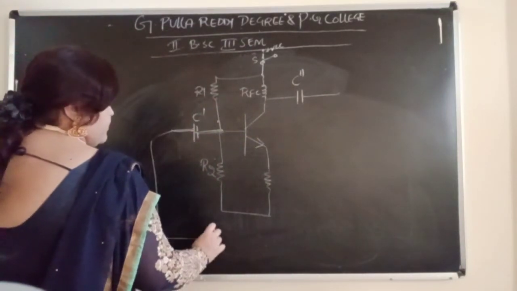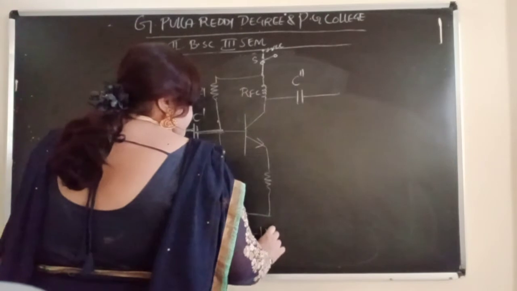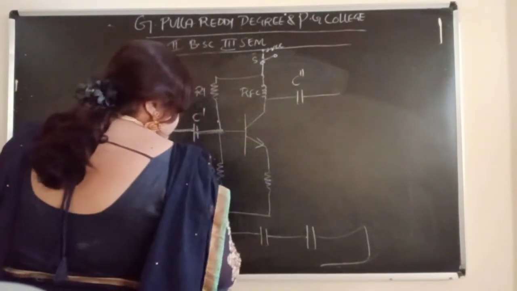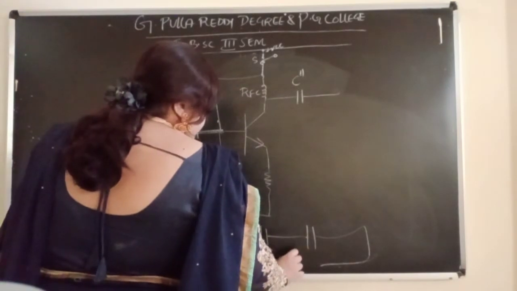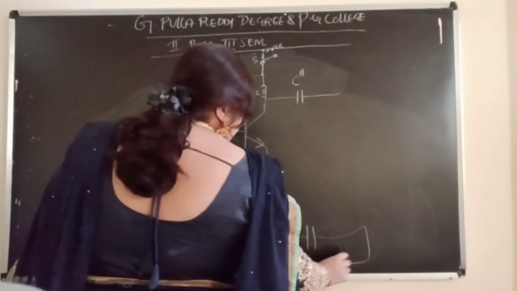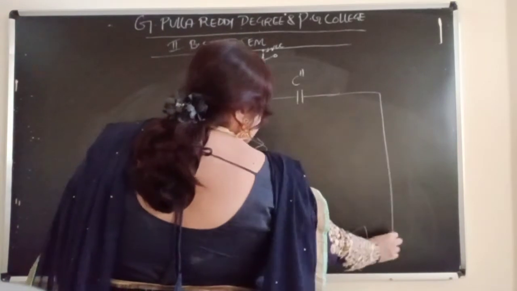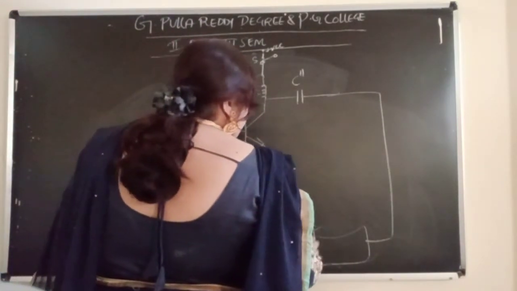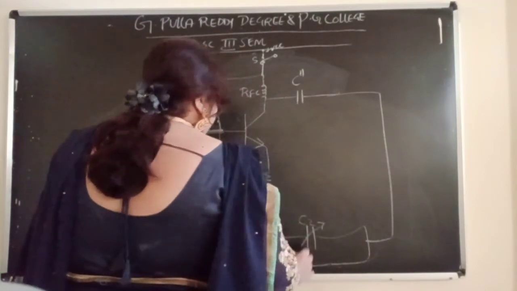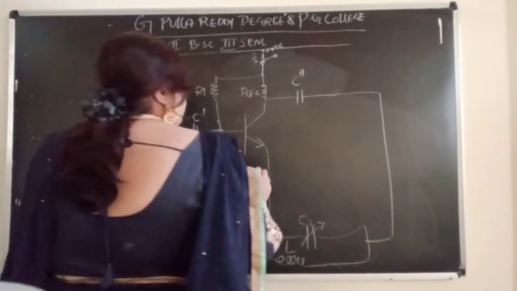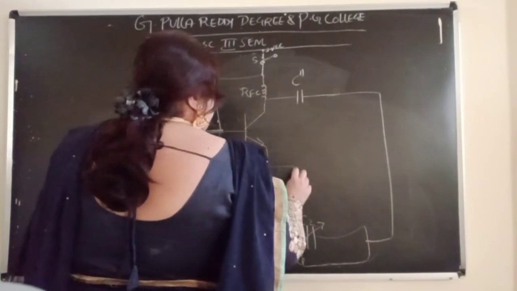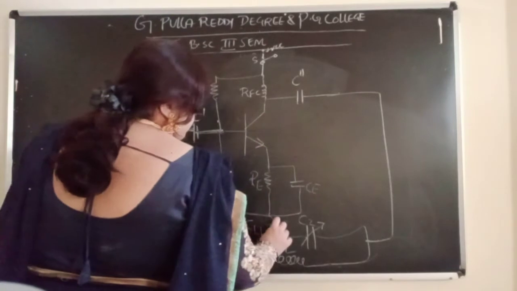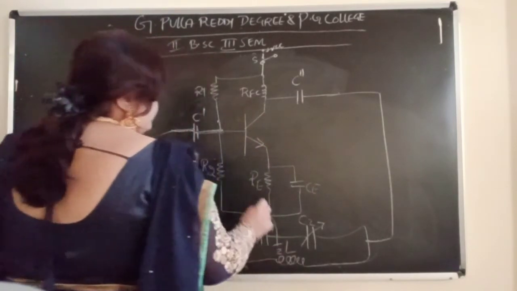Then you have to draw one feedback network with two capacitors, one inductor. Take this and join here. C1 variable, C2 variable. This is inductor. RE, and this will be capacitor CE. This line will join in the middle.